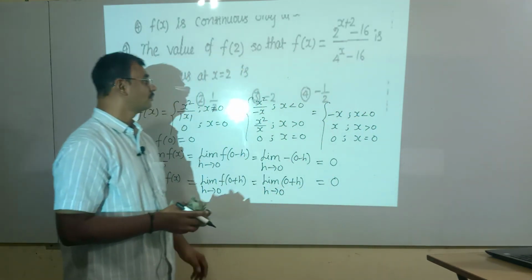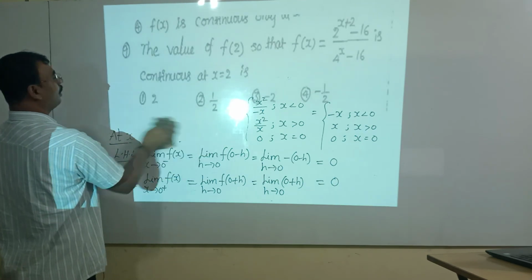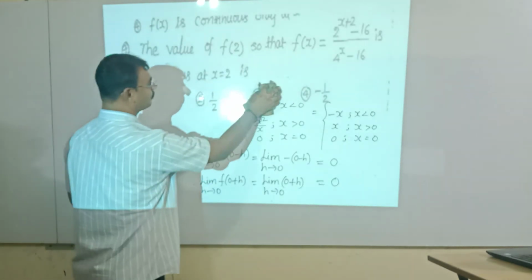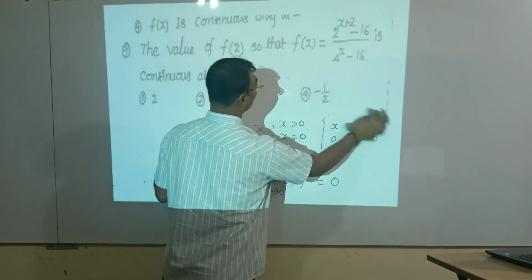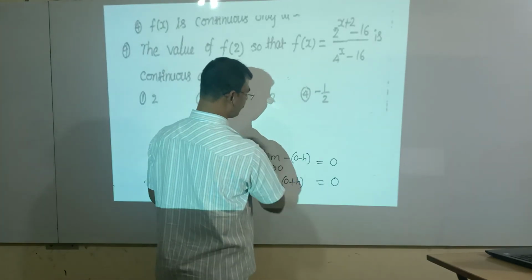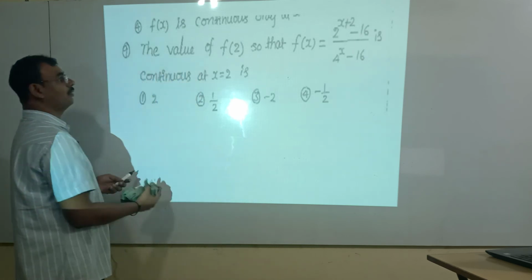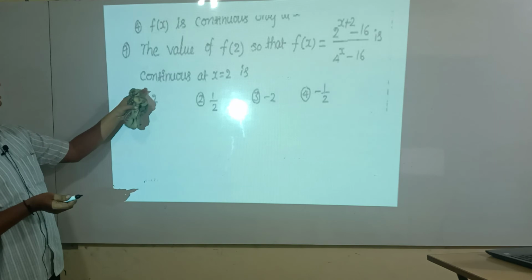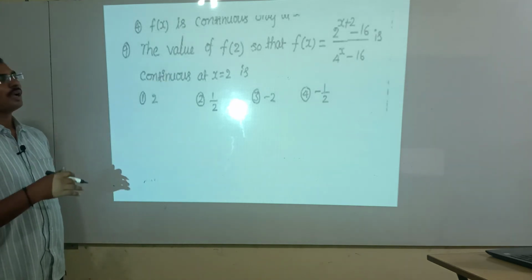Next problem, the 9th one. The value of f of 2 so that f of x is equal to 2 raised to x plus 2 minus 16 divided by 4 raised to x minus 16 is continuous at x equal to 2.